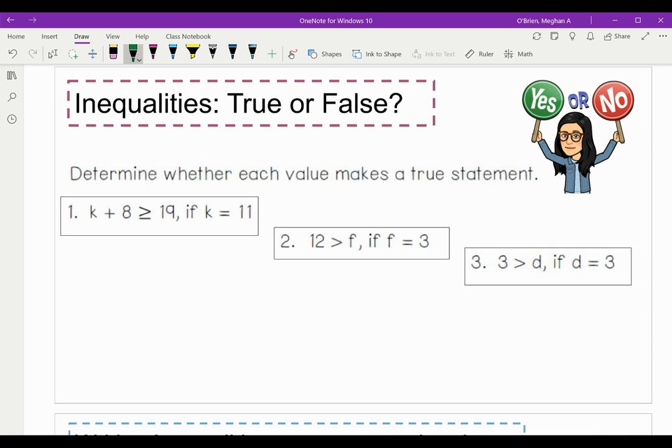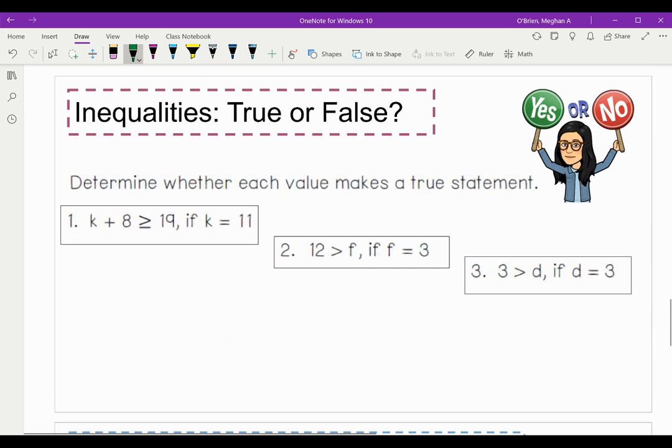So let's test some solutions out and see if they work. Determine whether each value makes a true statement. Number one, k plus 8 is greater than or equal to 19. So would this be true if k is 11? Let's try it out.